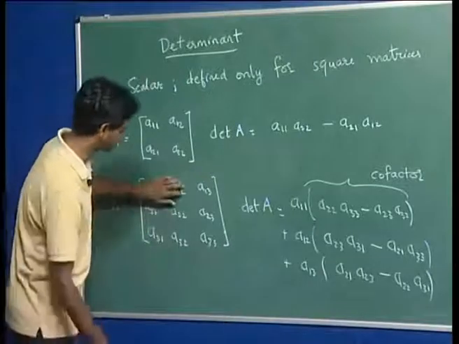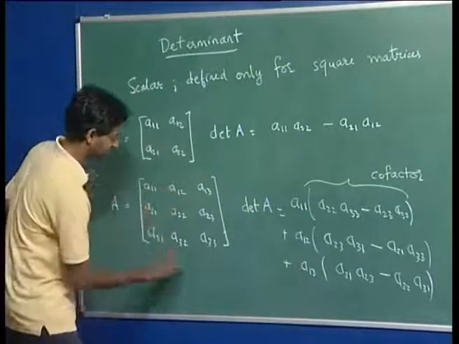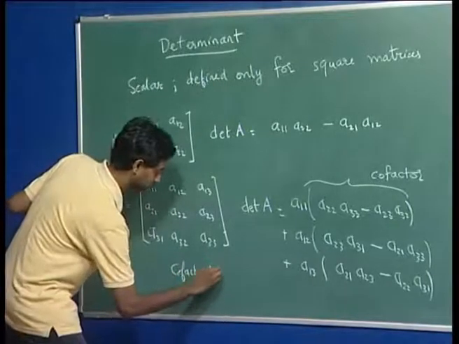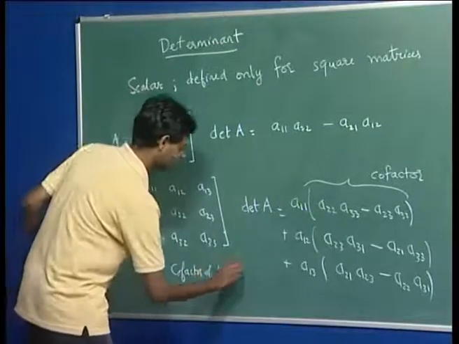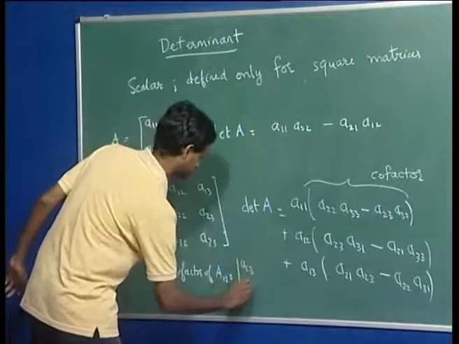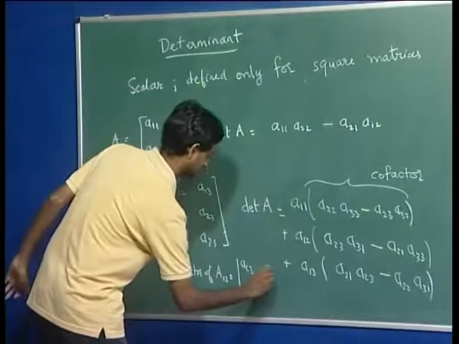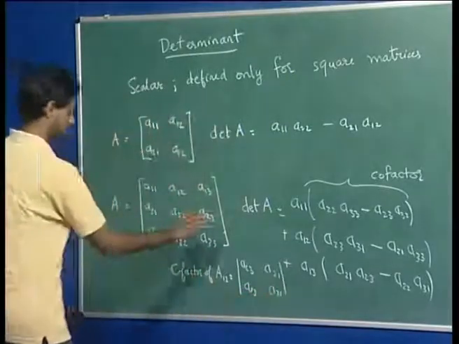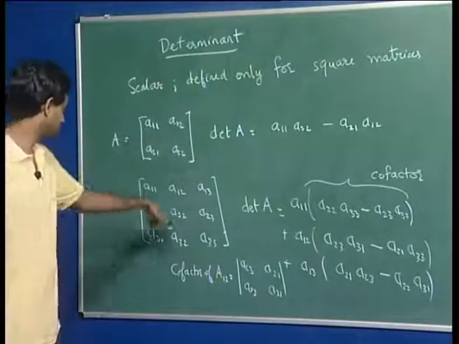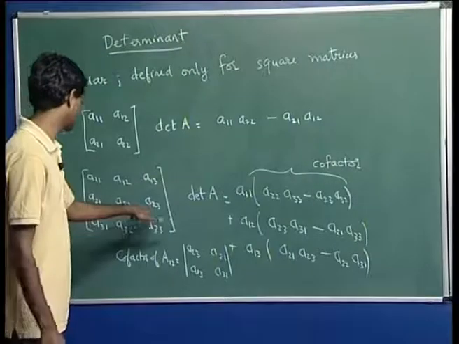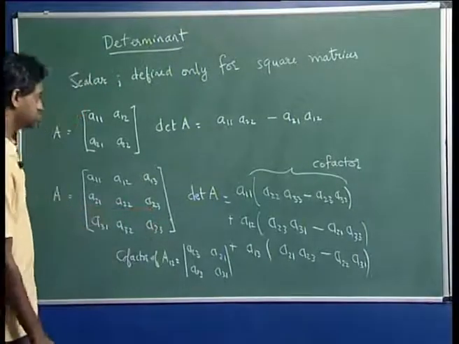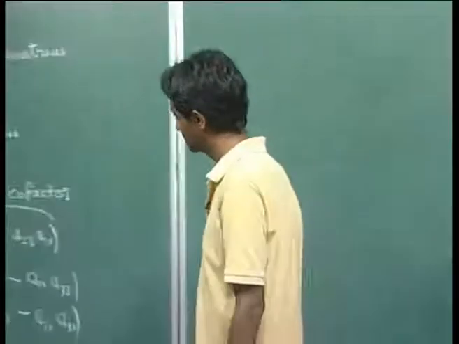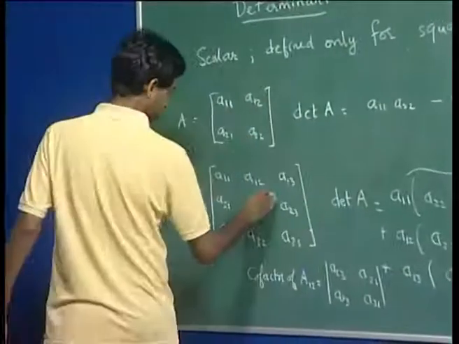So, if you are looking at the cofactor of A12, the cofactor of A12 is equal to the determinant of the matrix with rows A23 A33 and A21 A31. And you can define the cofactor for any element. When you define the cofactor of A12, we preserve the order.